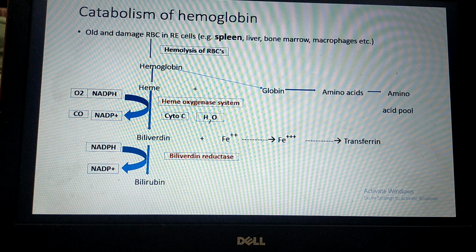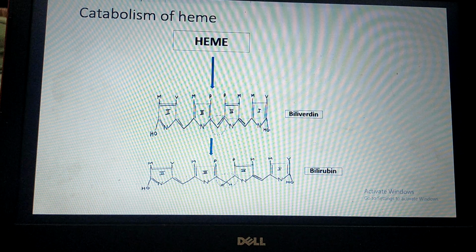Now this biliverdin is reduced to bilirubin with the help of the enzyme biliverdin reductase. Biliverdin is green in color, whereas bilirubin is yellow. So this is the structural difference between biliverdin and bilirubin.